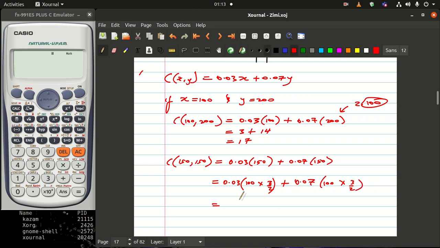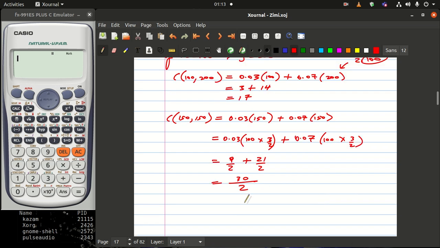And if you look carefully into this one, times 100, I will end up having a 3 times 3, I will have a 9 over 2 plus, and then here I will have 7 times 3, I will have a 21 over 2. Hopefully my maths is right here. I have a 2 here, 9 plus 21, that's a 30. That's a 30. And then we'll end up having a 15 here. Of course, this is not just 15 dogs. We were using dollars, so it's supposed to be $15 and also $15 here.